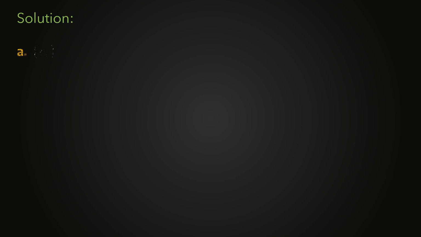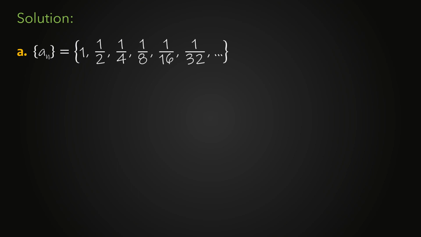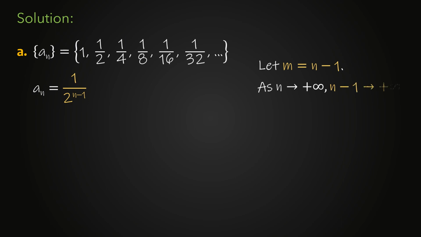A. For the first sequence, we found out that its general term is equal to 1 over 2 raised to n-1. We can tell its limit by looking at its graph. However, we can also find the limit analytically by change of variables. Let m equals n-1. As n approaches positive infinity, n-1 also approaches positive infinity.